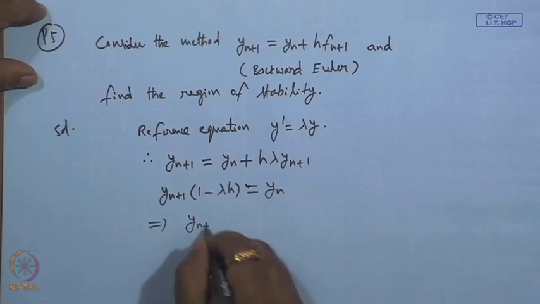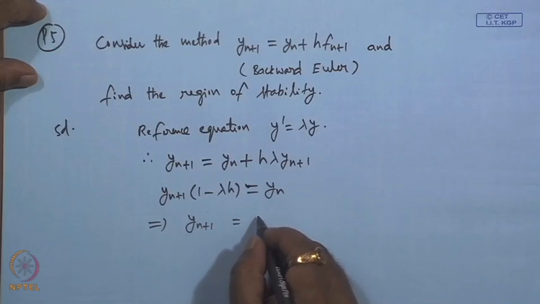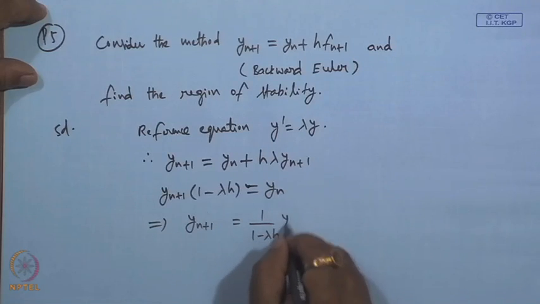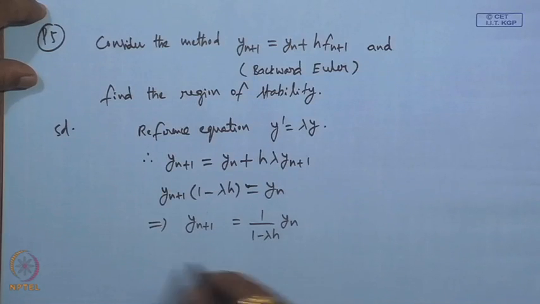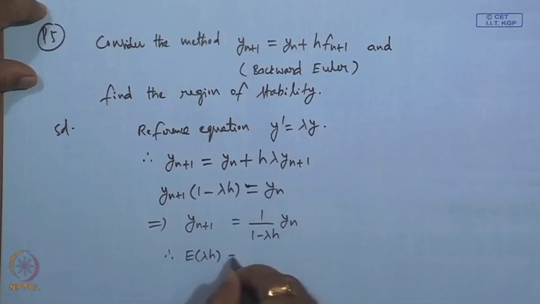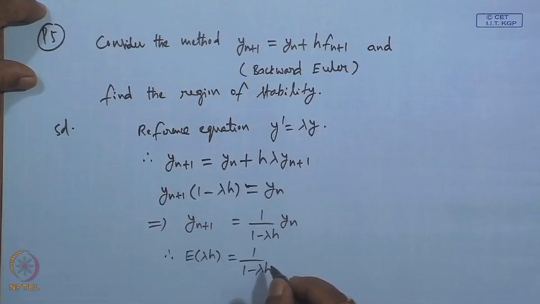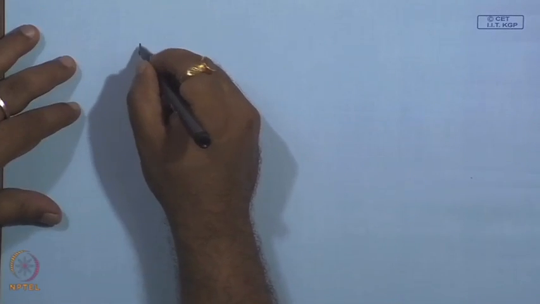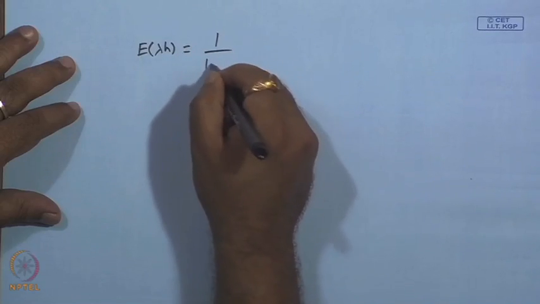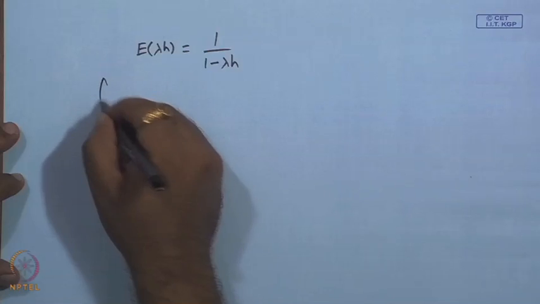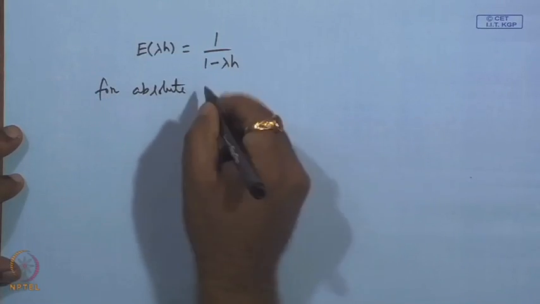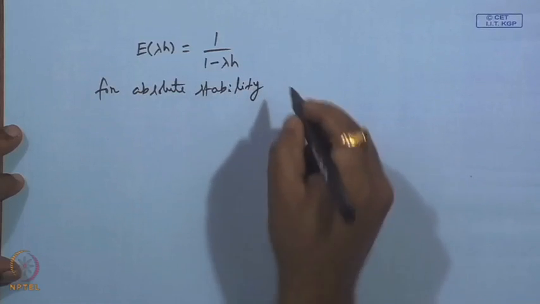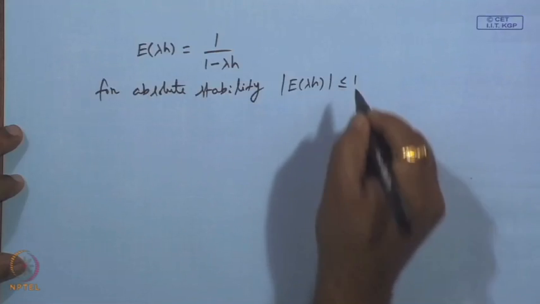So, this implies E of lambda h is this. Now for absolute stability, we had E of lambda h is 1 over 1 minus lambda h.